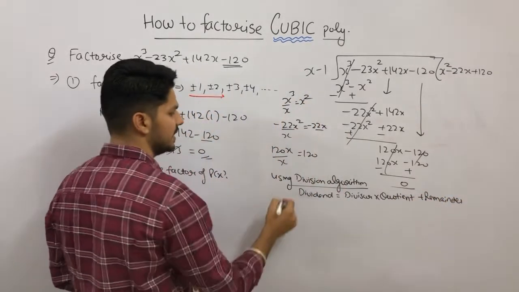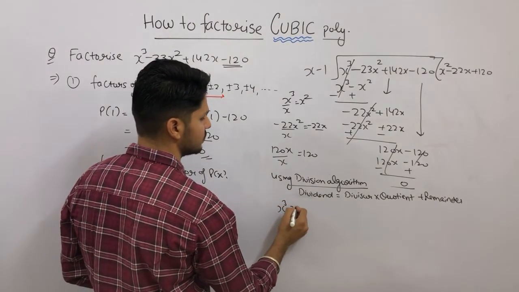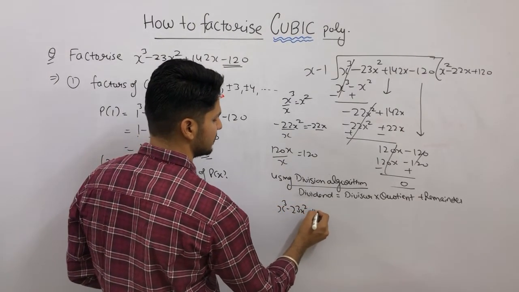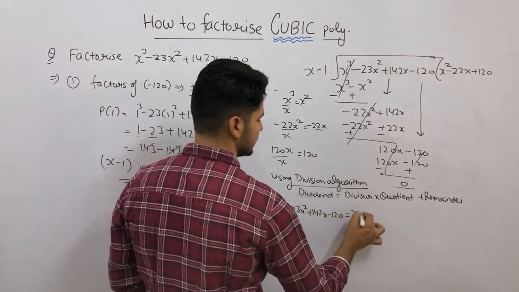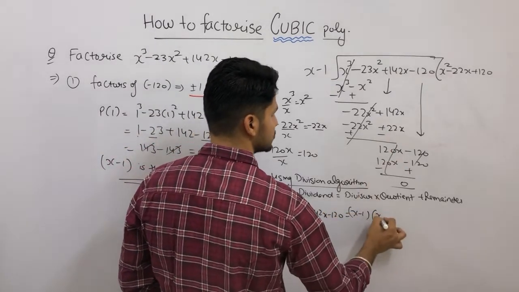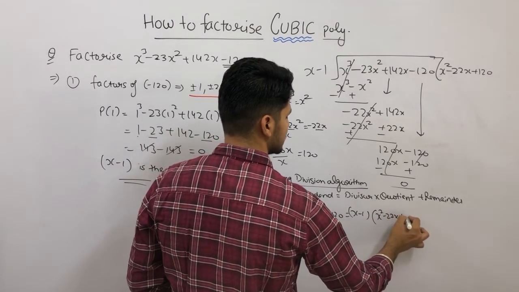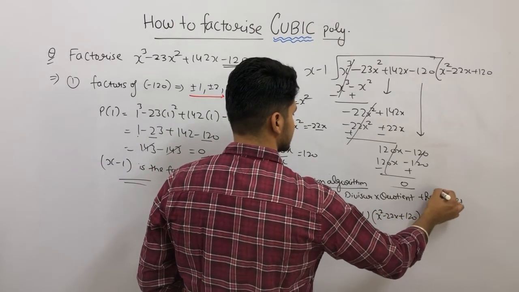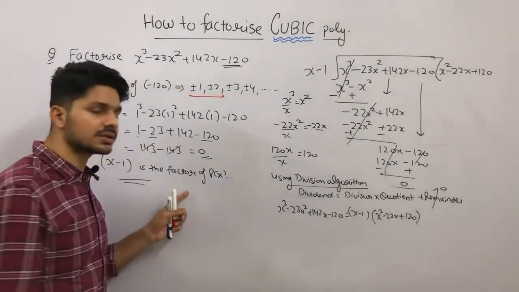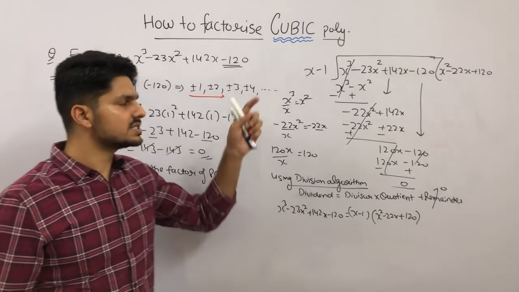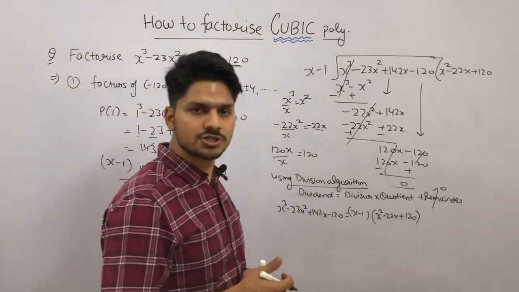Dividend is here x cube minus 23x square plus 142x minus 120. Divisor is here x minus 1 and quotient is x square minus 22x plus 120, remainder is 0 here. Remainder will always be 0 because it is a factor. If you are dividing something by its factor, then remainder will be 0 for sure.